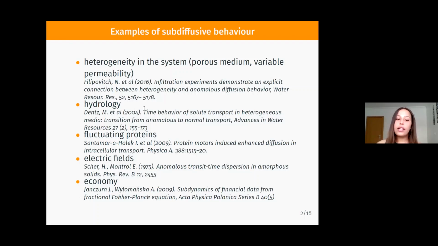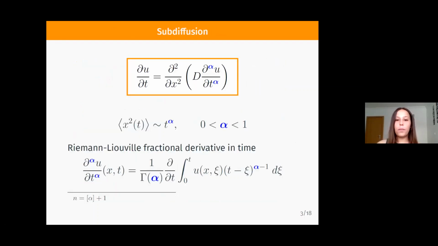In biology, an example would be the fluctuating proteins and their movement. In electric fields, I have here an old and classic example related to printers and how they rely on the transport of electrons. And in economy we can observe the dynamics of financial data. These are just some examples where the subdiffusive model is a good model.